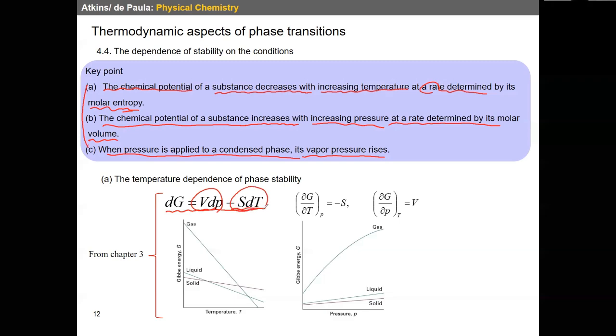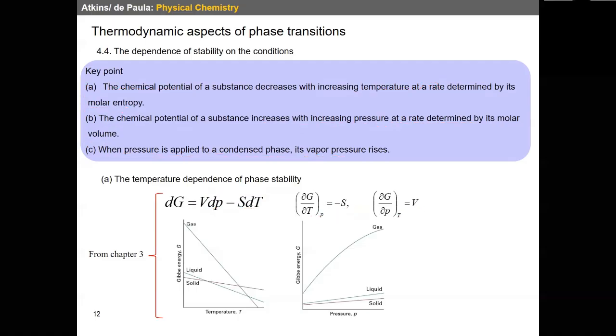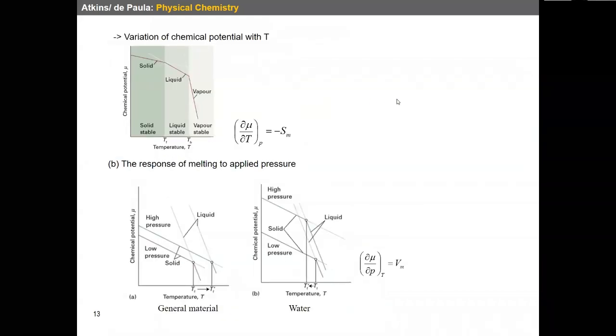And we have the relations: the partial derivative of G with respect to T at constant pressure is minus S, and the partial derivative of G with respect to P at constant temperature is the volume V. So how can we combine this equation with the chemical potential?